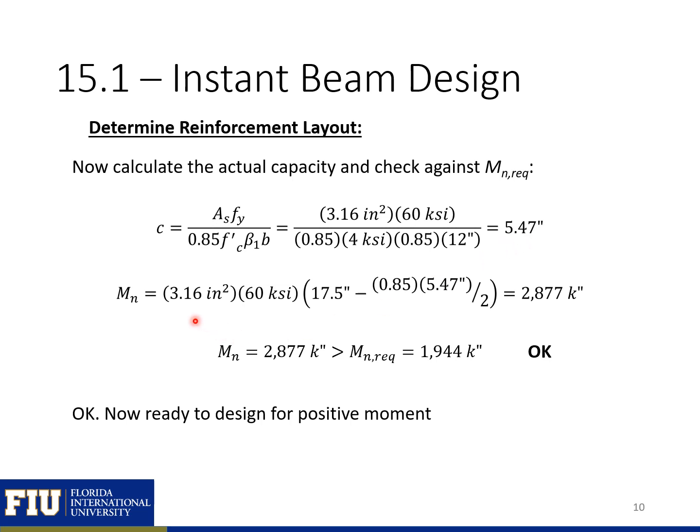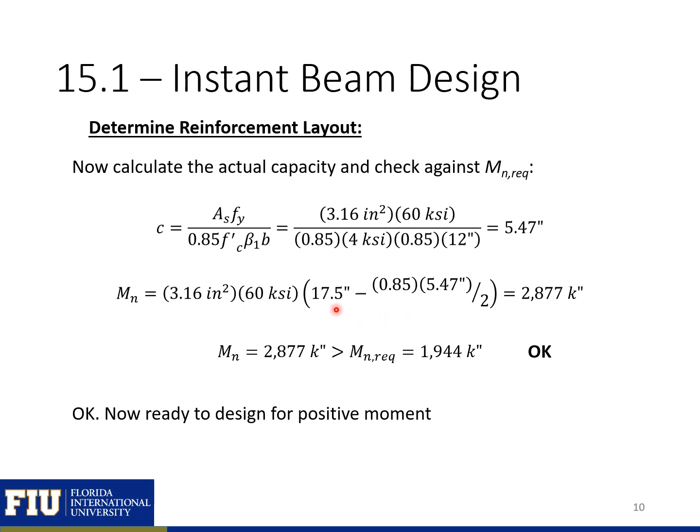We can then sum moments about the centroid of our compression block, and we'll get our moment equal to our tension force, As fy, 3.16 times 60 ksi, times our lever arm, the distance from the center of our tension force here in our steel and the centroid of the compression block.